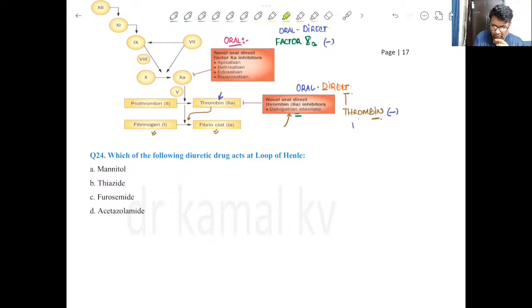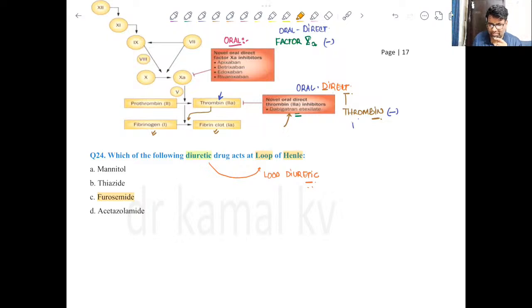Now, which of the following diuretics acts on the loop of Henle? And therefore, this diuretic is also known as a loop diuretic because it acts on the loop of Henle. Yes? And Varsha, absolutely right. The answer is furosemide.